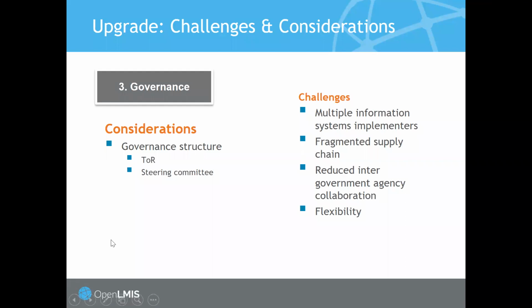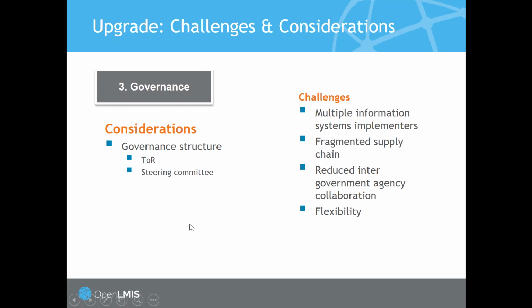So a governance structure must be put in place. It must have clear terms of reference and a clear steering committee, because as I said, usually there will be many actors, many stakeholders with different agendas and different priorities, and to bring them all together, there must be a governance structure and a steering committee to guide this process forward.